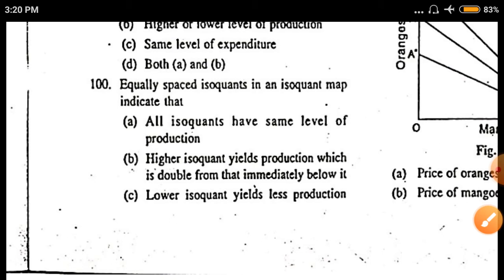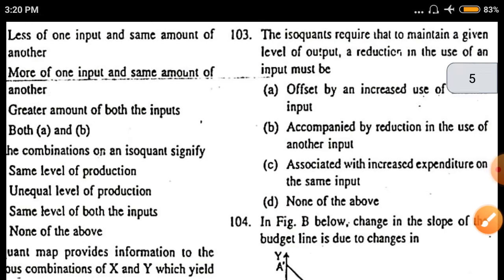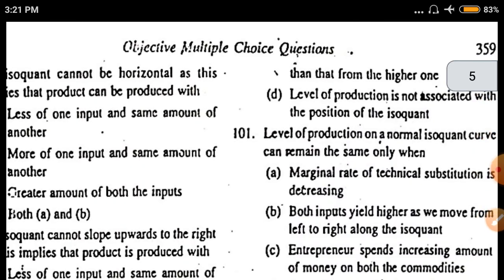Equally shaped isoquants in an isoquant map indicate that a lower one yields less production than that of a higher one.